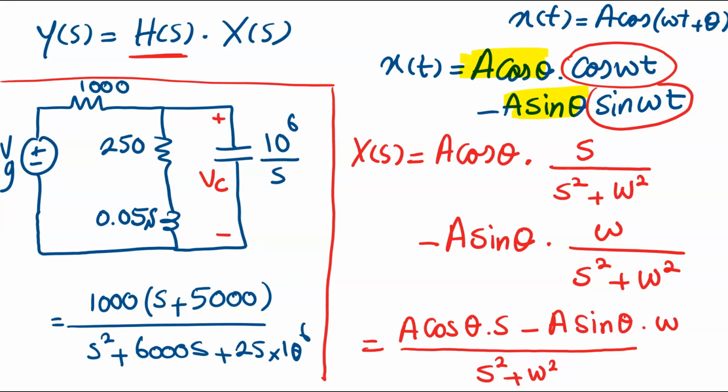So this is our transfer function, which describes Vc over Vg. This is our H(s), which we need in order to find our output.